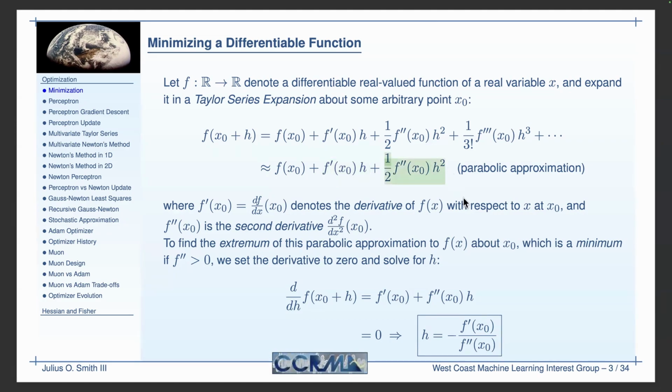And so that's hopefully just reminding you how we minimize functions that are continuous and differentiable. You just write it down and solve, and you get the jump. You get the Newton step. So the Newton step is minus the gradient divided by the Hessian, or in this single variable case, it's minus the derivative divided by the second derivative.